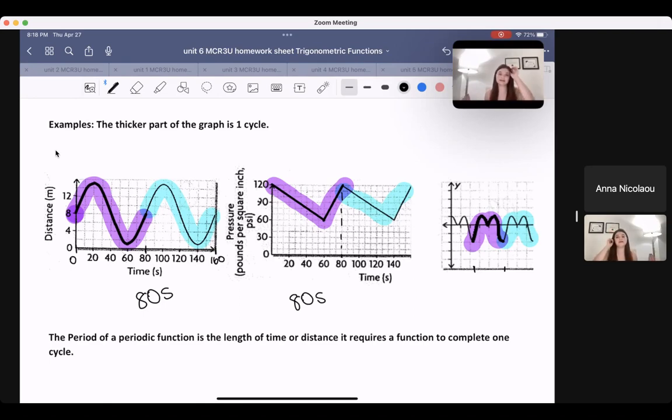So basically, the amount of time, or whatever the x coordinate is, that distance, whatever it may be, is the period length. That's the way you find it on a graph. We'll talk about how to find it from an equation in a future time.